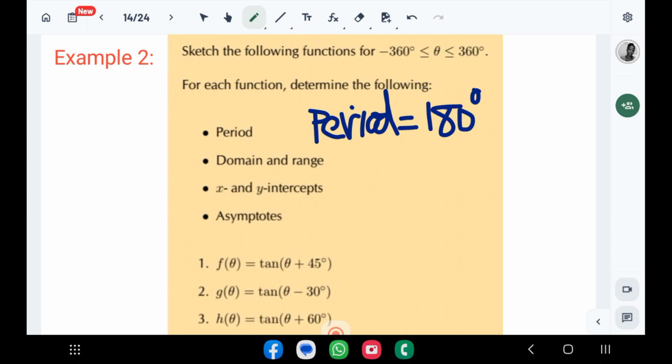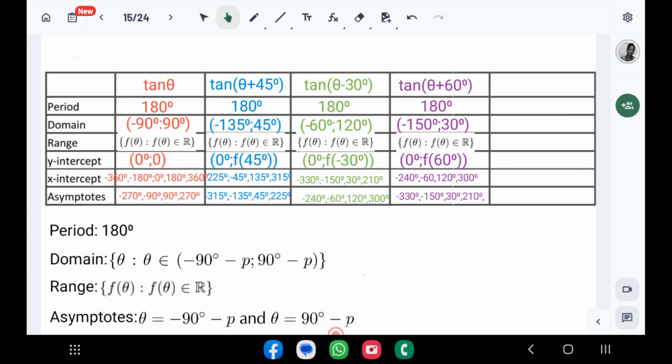Now, what changes is the restrictions on the domain, but the domain will basically be between negative 360 degrees and 360 degrees, with the asymptotes depending on how the graph is shifted. Remember, you shift the asymptotes together with the graph and you will see exactly how that works out in a few seconds. Now let's start with the standard graph that is not shifted in any way, shape, or form.